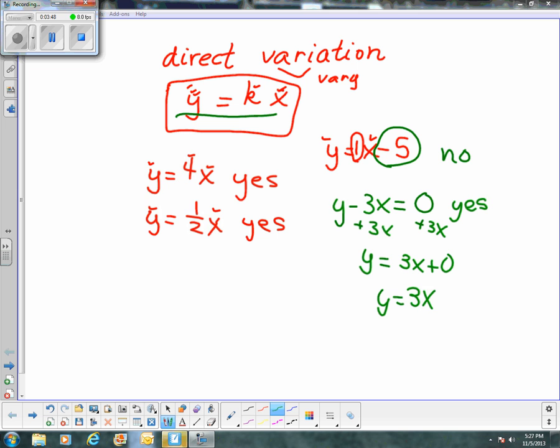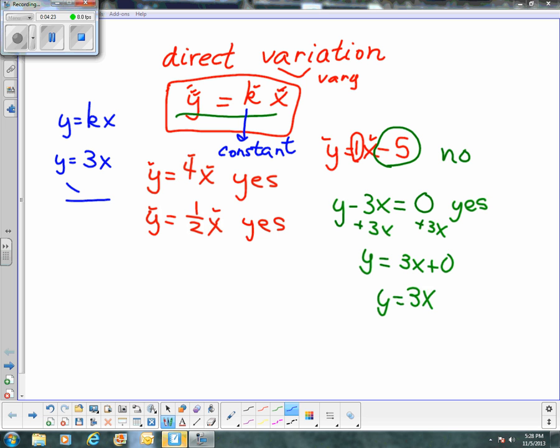Okay? So k is called the constant in this model. And something that's constant is always there. It's not going to change. So if you think of this like an input-output table, let's substitute a value for k. y equals 3x. We'll put a 3 in for k.